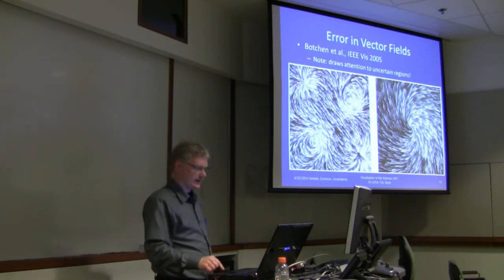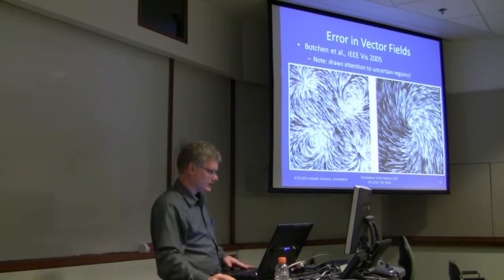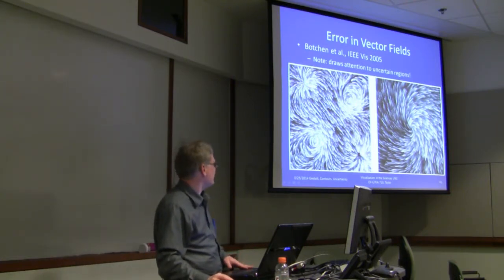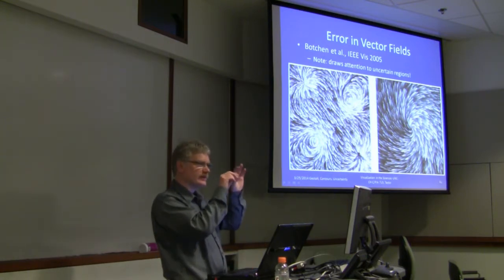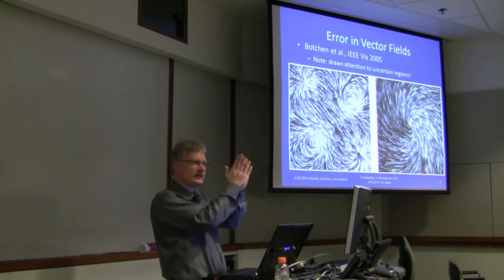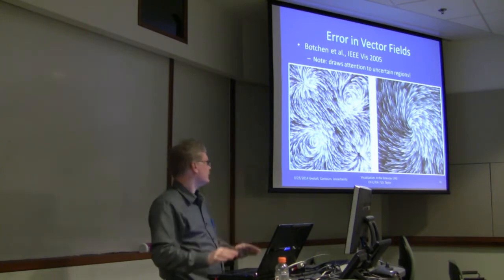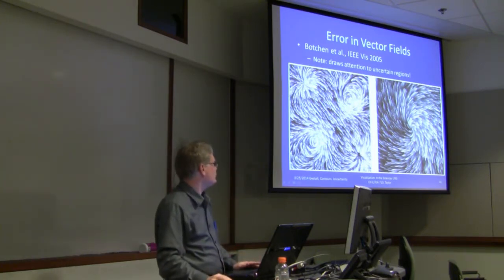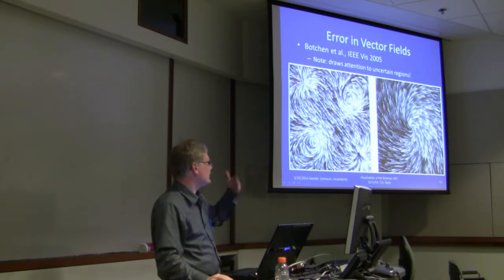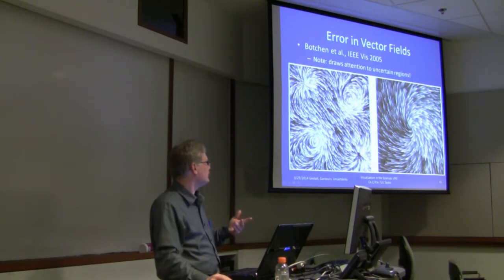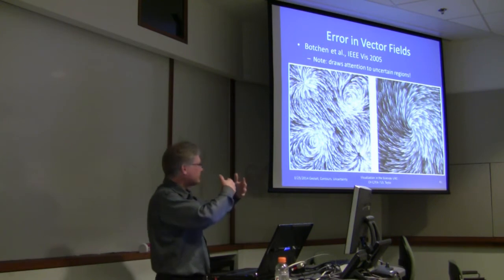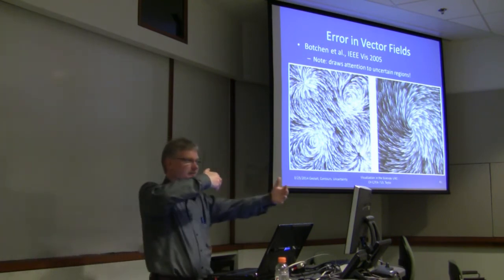So this is showing error in vector fields, and it's basically like line integral convolution, but instead of just doing integration along, it spreads the thing into a wedge, right? You can see that these wedges have a large direction, and they're layered here, individual glyphs on top of each other enough that it looks like line integral convolution, but each glyph has the uncertainty. Now, to me, this gives a very strong impression of depth to this flow.